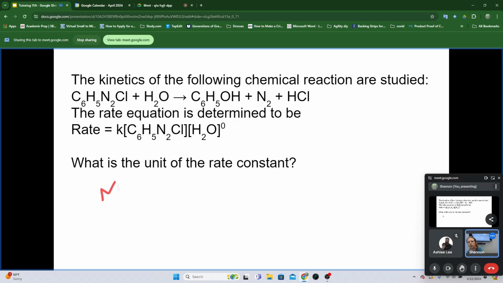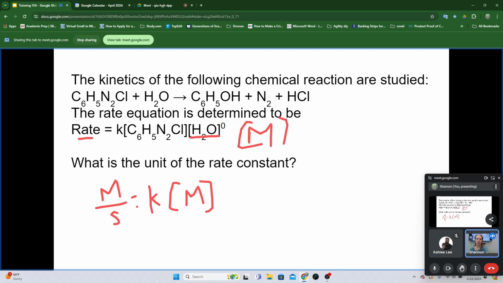So let's do this again. Molarity over seconds is our rate unit. We're just filling in each of these parts in the equation. We have K, and then our unit for concentration is molarity. Here it's to the 1 power, no exponents. This one I'm not even going to write, because it would be molarity to the 0 power, and that equals 1.